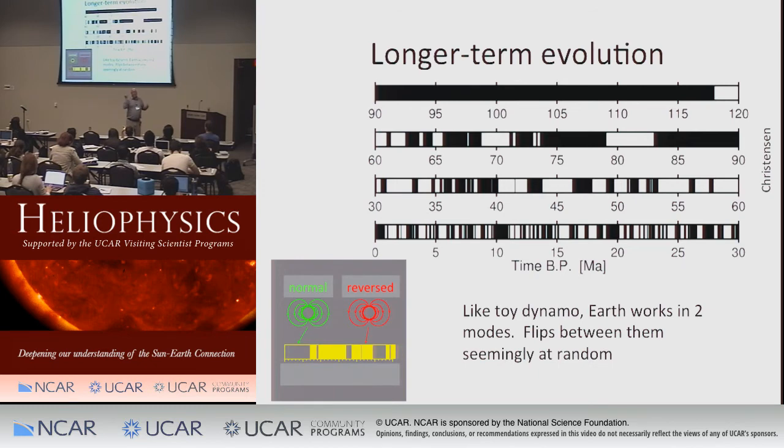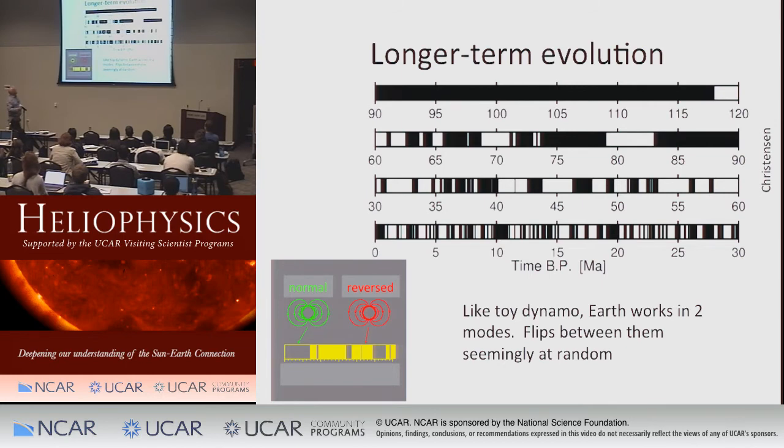So if you look at the lava in a volcano, in a volcanic flow, you live in Yellowstone, you have lots of volcanic flows to look around and see. You look at any of those, they will record the magnetic field from whenever they solidified. So by going to volcanic lava from different periods of time, you can figure out which orientation the magnetic field was in, and this is the result.